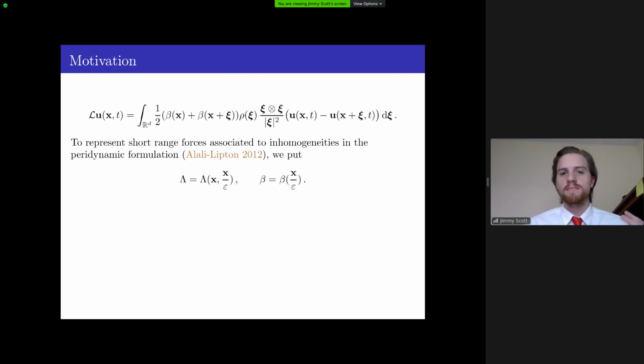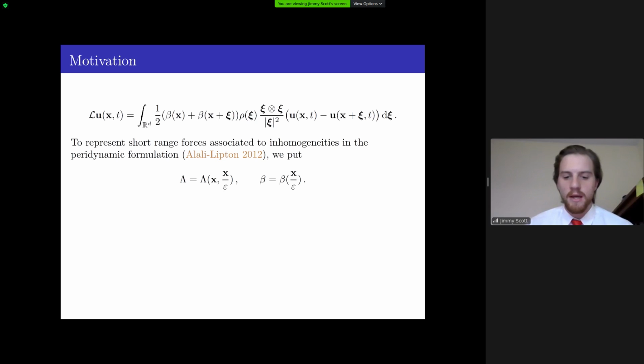And so the oscillatory system that we're talking about is motivated by looking at the peridynamic formulation in heterogeneous media, and we're interested in looking at short range forces on the scale of those inhomogeneities in the peridynamic force.